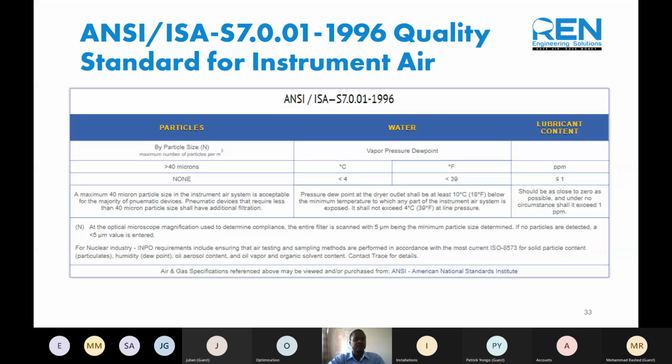While for water, 3 or 4 degrees Celsius pressure dew point is okay. And for oil, it's less than 1 part per million, or 1 milligram per meter cubed. So with that, you know that the quality of air needed for your instruments is not as critical as that coming into contact directly with your products.